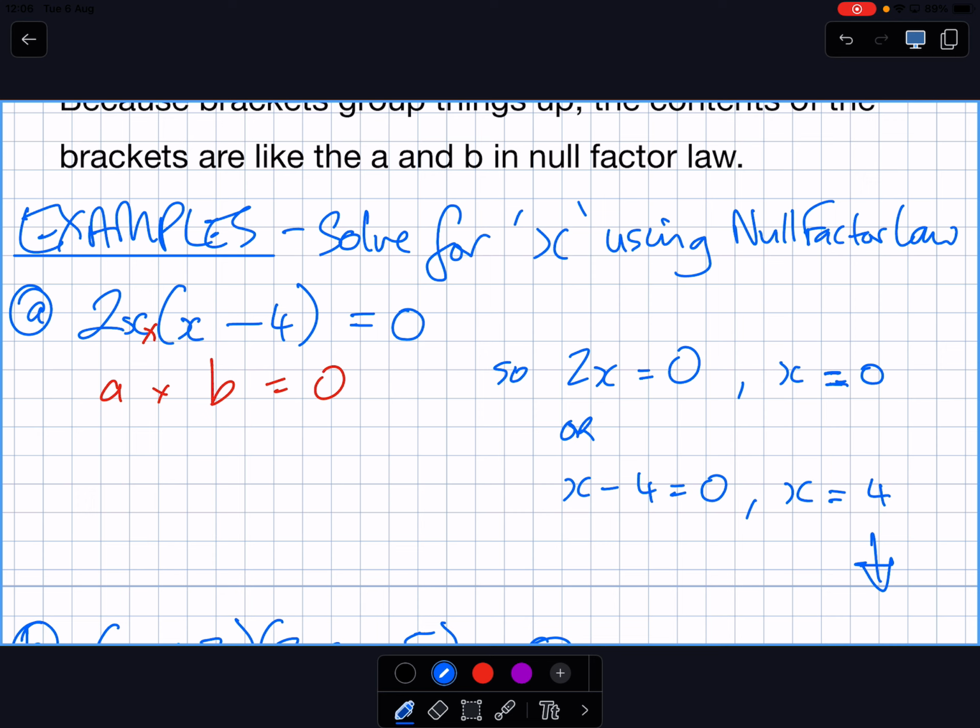I'll prove to you why. If I put x is 0 back into the equation, what's 2 times 0? 0. What's anything times 0? So is that a true statement? What if I put x is equal to 4 into the equation? 2 times 4 is 8.